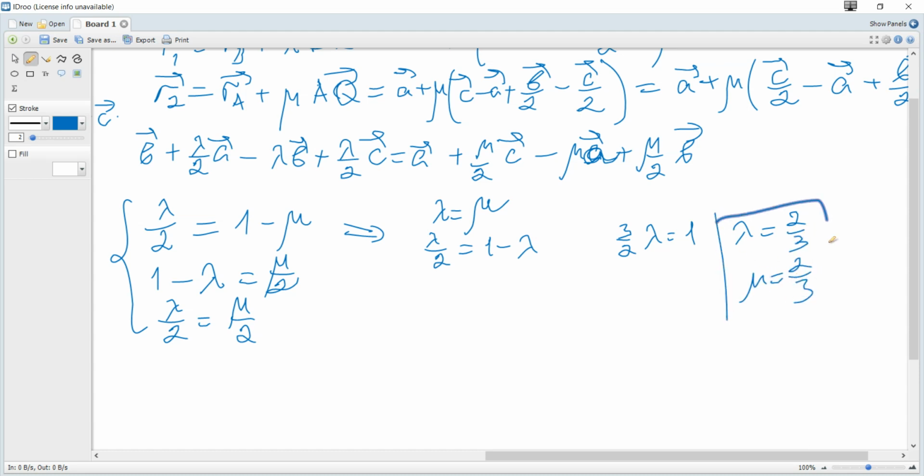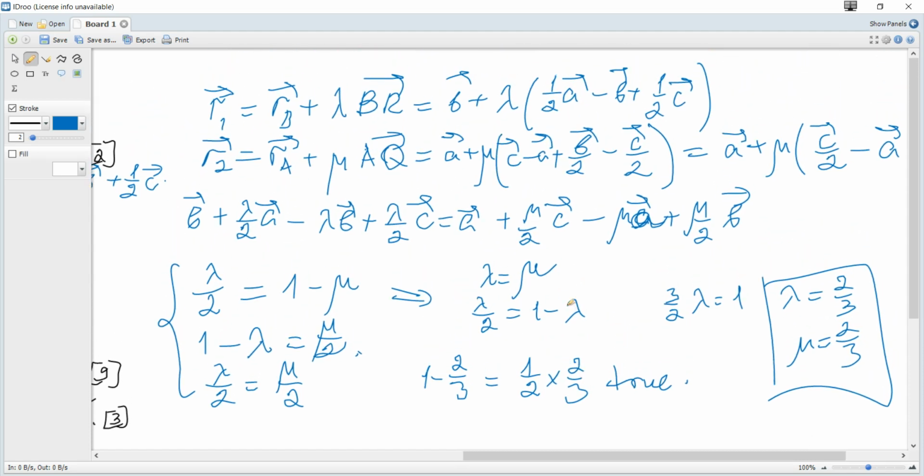But we should check the third equation, for the system to be consistent. Otherwise, if the third equation is not true, it means there is no point of intersection, and the lines are skew. So we need to check this: 1 minus lambda is 1 minus 2/3, which is equal to half of 2/3, so it's true.